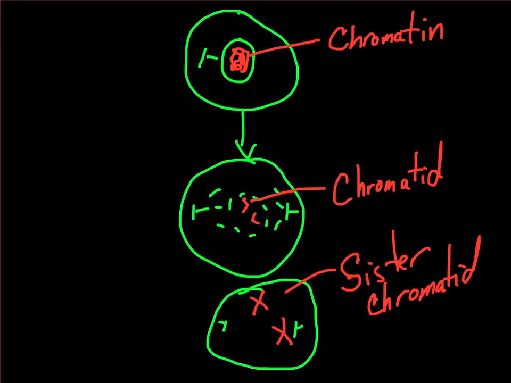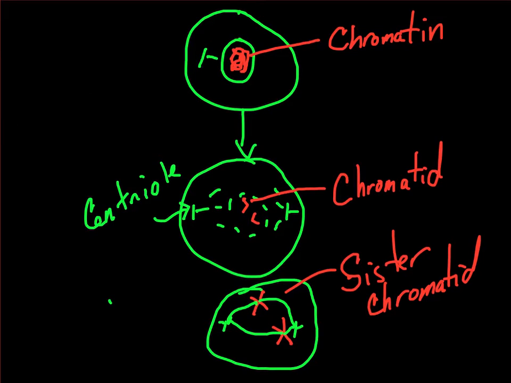What will happen now is those spindle fibers that are here are going to attach, attach, and attach there. So the centrioles are going to start pulling, using the spindle fibers as a rope. Okay, let's go to the next slide.